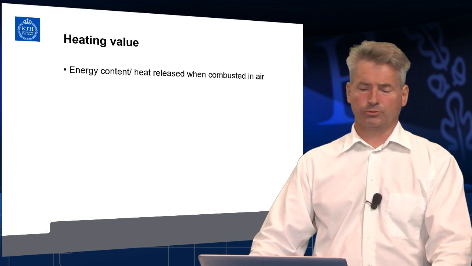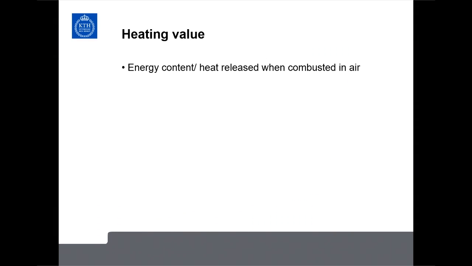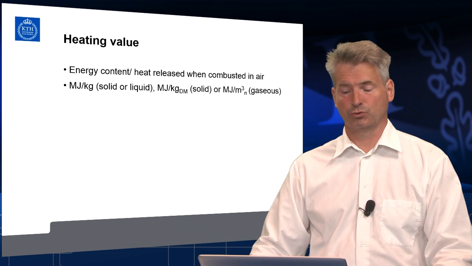The heating value is defined as the energy content or heat which is released when the fuel is combusted in air. And the units of that are megajoule per kilogram when you have a solid or liquid fuel. You can also define it based on dry matter, per kilogram, when you have a solid fuel.